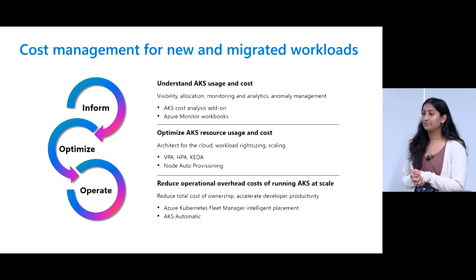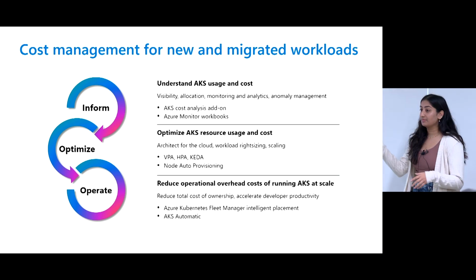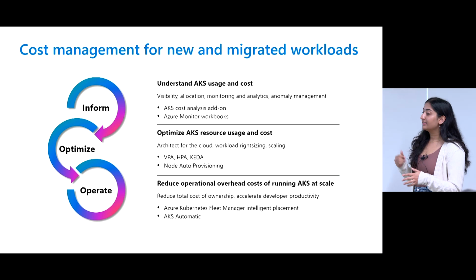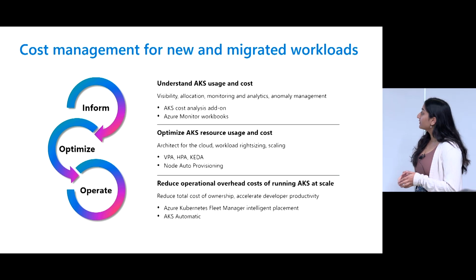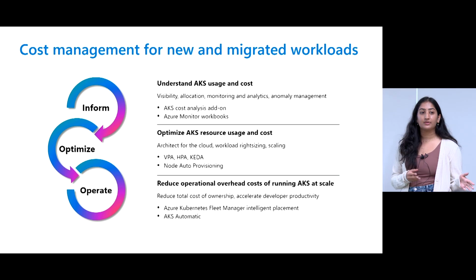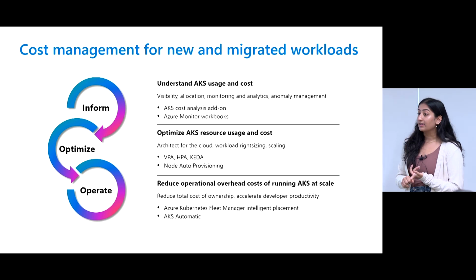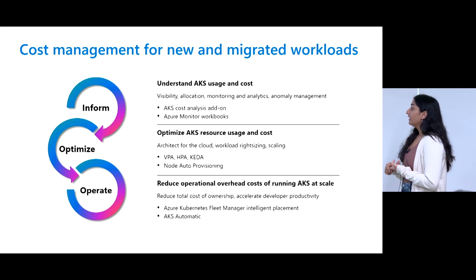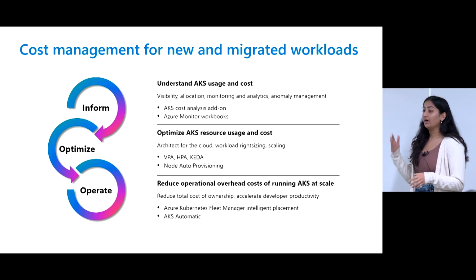Great, yeah. Those are some of the best practices that we're going to be diving into. And so that's part of the first step. Then based on those analytics, those measures, how are we going to optimize resource usage and cost? So using different Kubernetes specific tools like vertical pod autoscaler, horizontal pod autoscaler, Kubernetes event-driven autoscaler or KEDA, and then also node auto-provisioning.